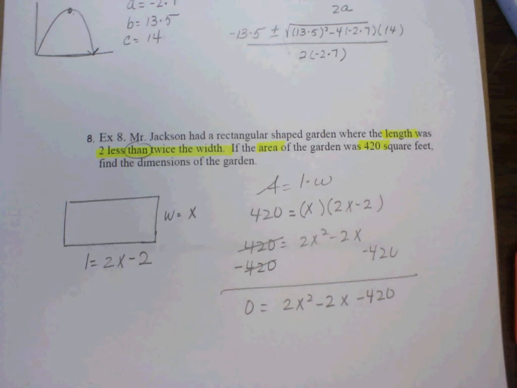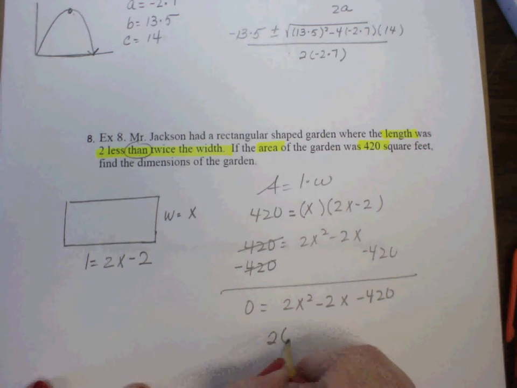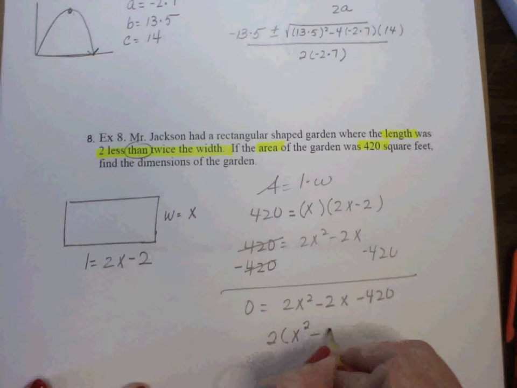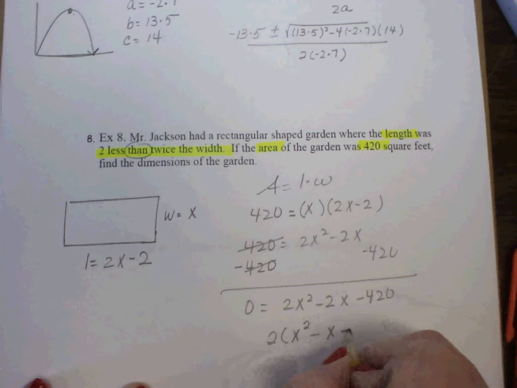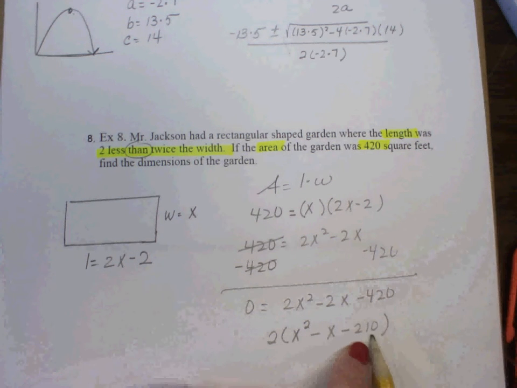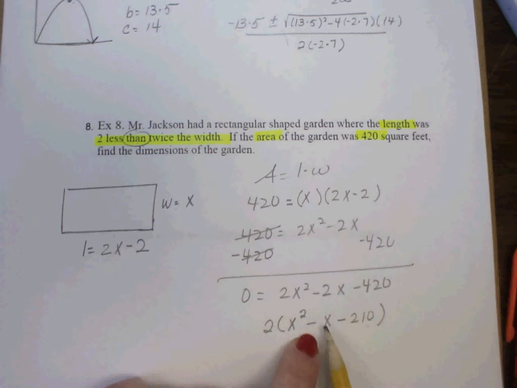GCF would be 2. Okay, so two numbers that multiply to 210 and add up to 1. So these have to be numbers that are very close to each other, okay? So 210 will be 21 times 10.